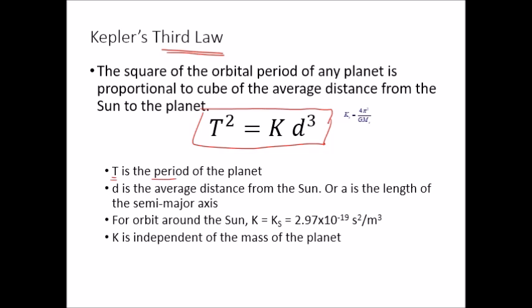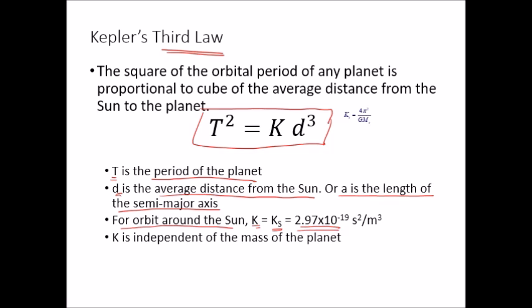T is the period of the planet. D is the average distance from the Sun, or A is the length of the semi-major axis. For orbits around the Sun, K is equal to Ks.